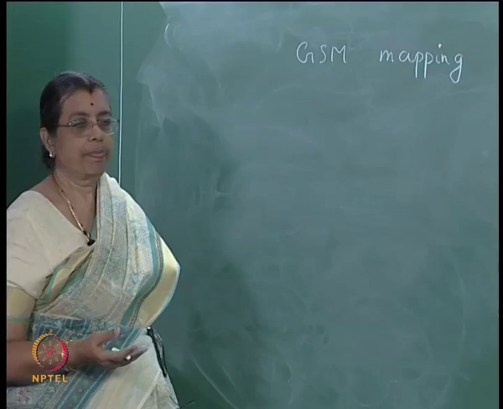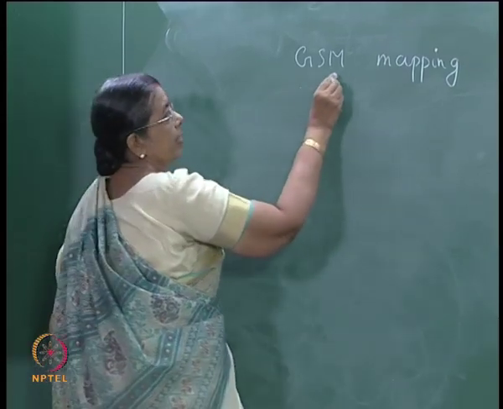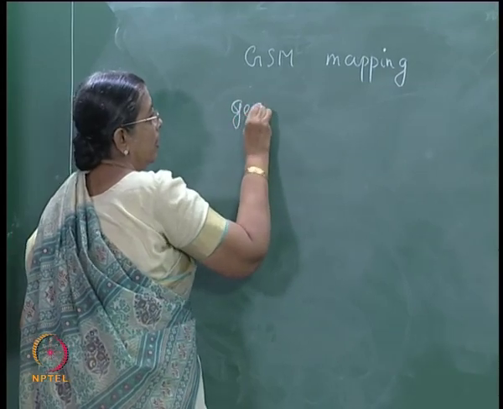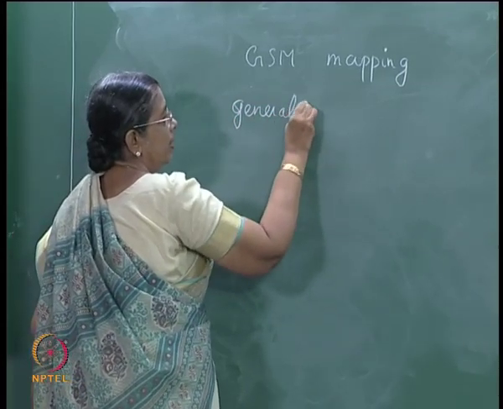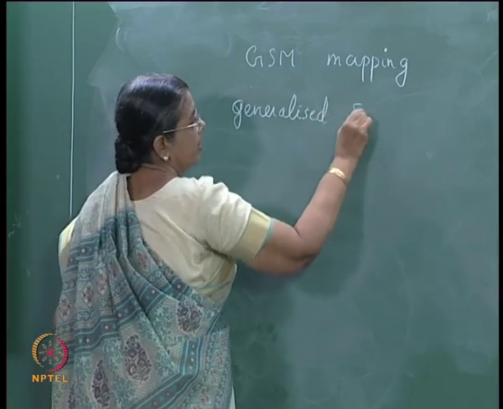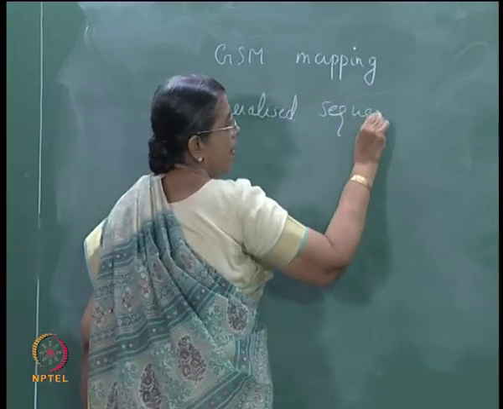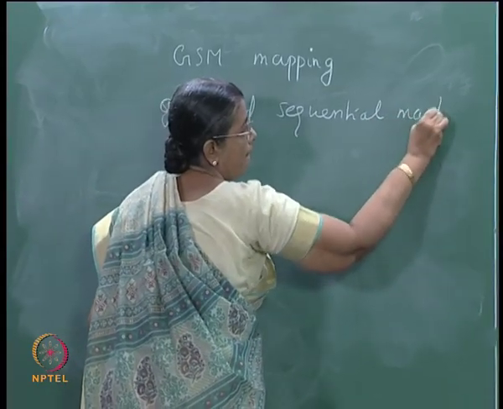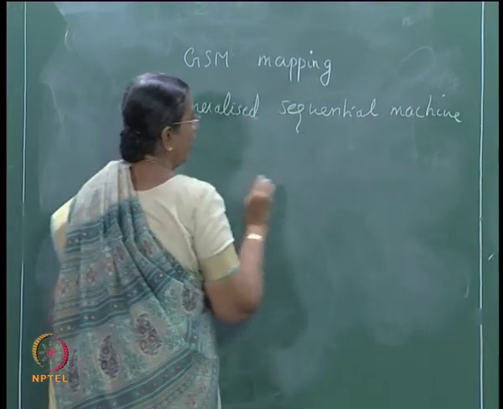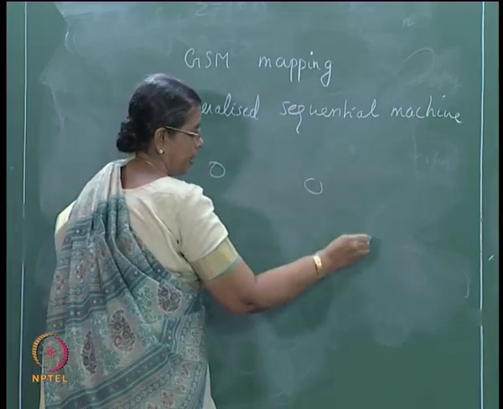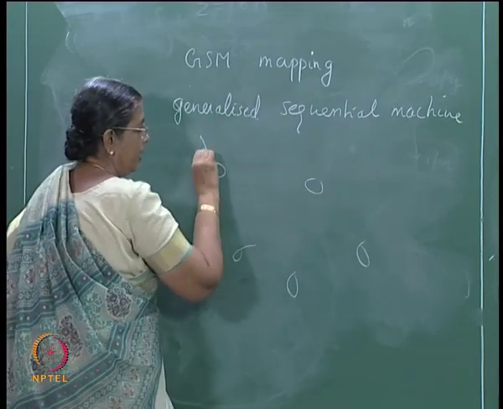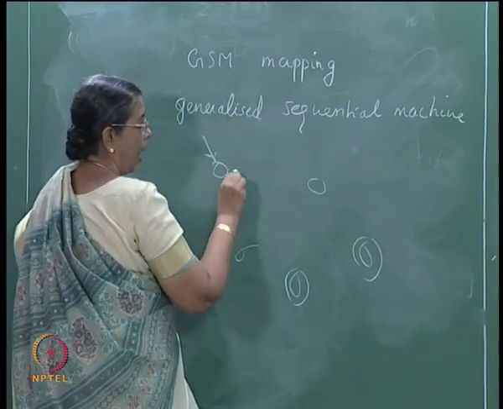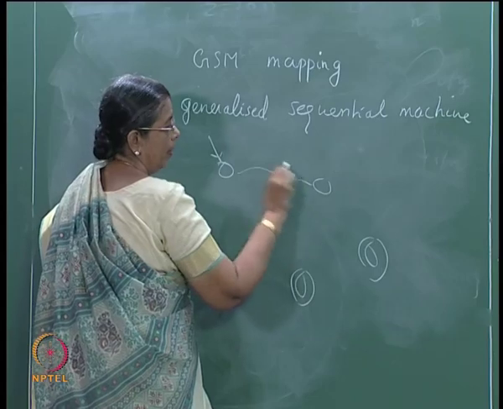What is a GSM? It is called generalized sequential machine. Here you have states, there will be an initial state, there will also be final states, and the transitions will be like IO.